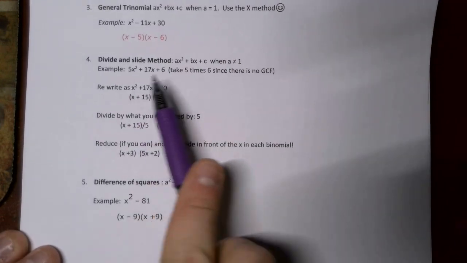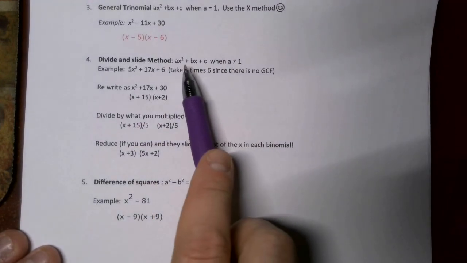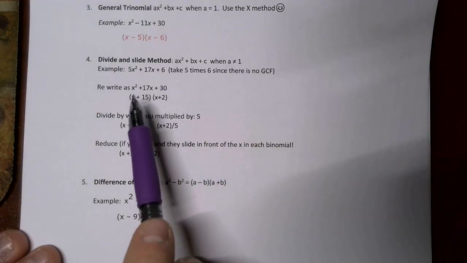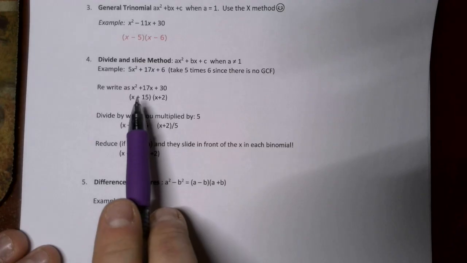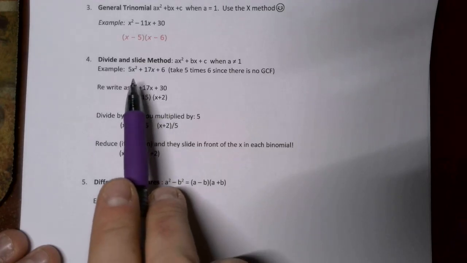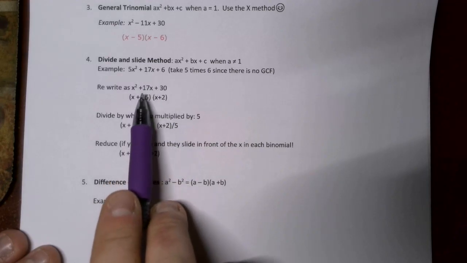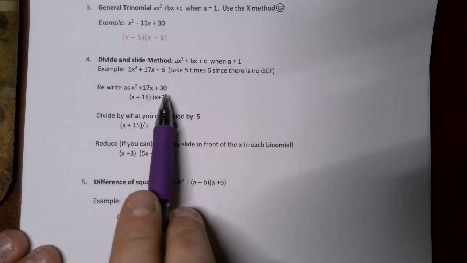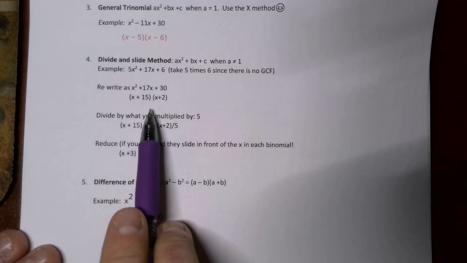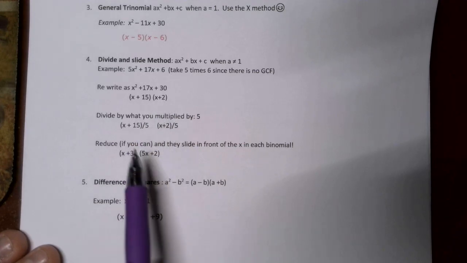Remember, we use divide and slide method when the A is not 1 and there's no GCF. So we taught this one, but remember what you do is you take the 5 and multiply by the C term to get 30. In this example, notice how you take the factors of the 30 that make 17 in the middle, which would be 15 and 2.